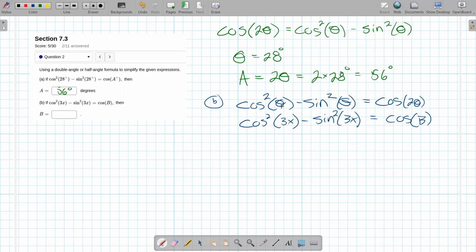So again, comparison here, theta has to be equal to 3x, b has to be 2 theta, and so again, replacing the theta here, theta is 3x, so b would have to be 6x.